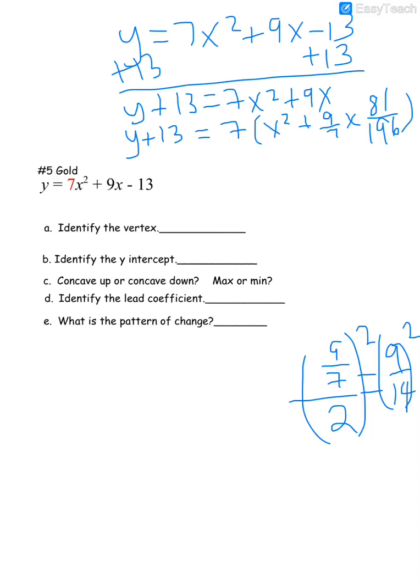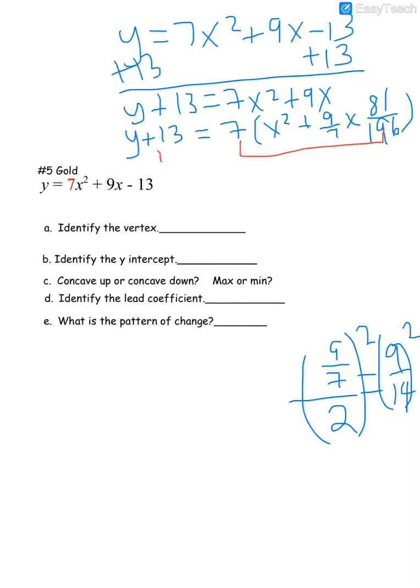Okay, I still have to multiply this by the coefficient. This is so messy. All right, so I'm going to plug in my calculator 81 divided by 196 in parentheses. I'm going to times that by 7. And that gives me, as a fraction, 81/28.